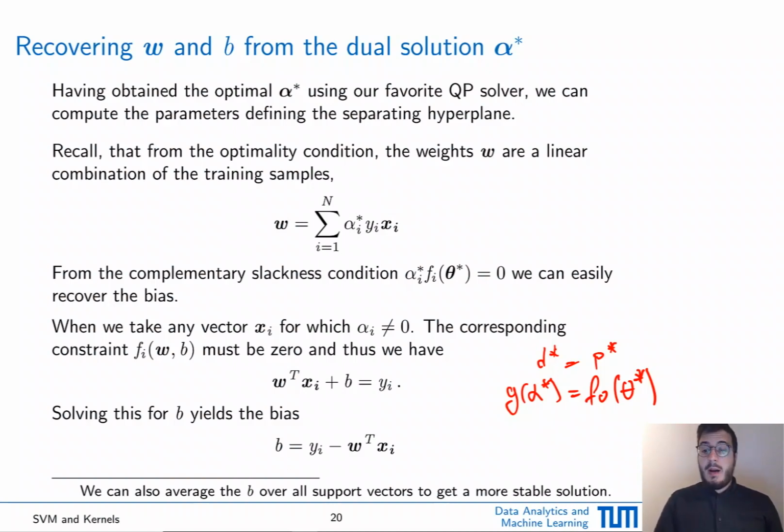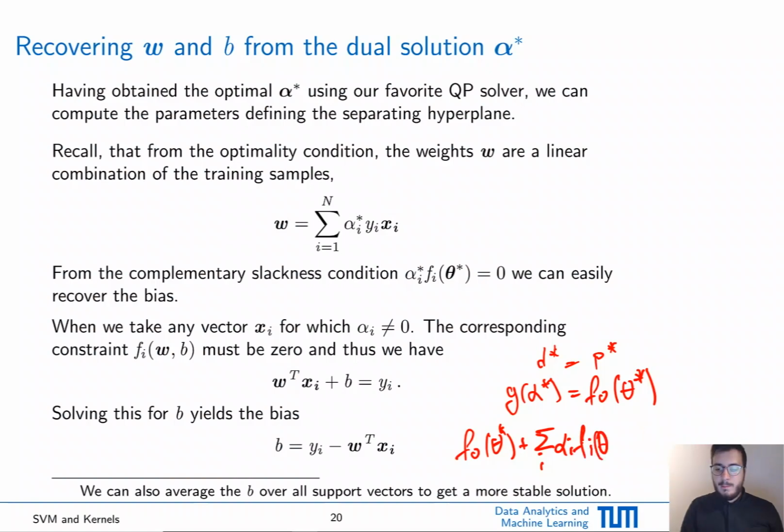But by the way we defined the Lagrangian dual g of alpha, we also know that f0 of theta star plus the sum over all i of alpha i fi of theta star has to equal f0 of theta star.